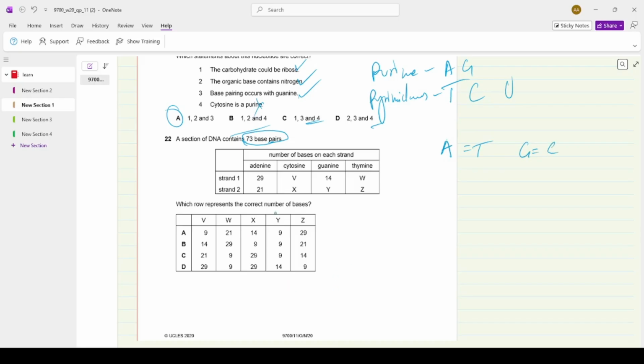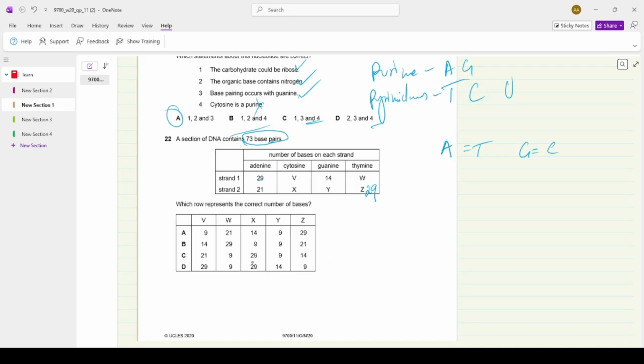So if we have 29 adenine on one strand, this should be pairing with exactly 29 thymine on the other strand. So this gives us a clue that thymine should be 29. Why? Because thymine pairs with adenine on a different strand.